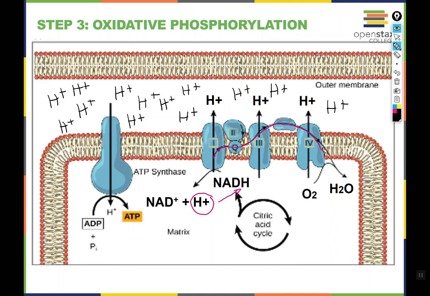All right, that's a little bit more reflective of the space between the inner and outer membranes. So the thing is, there are fewer protons in here, and there are more out here, which means that to move protons from in here, where there are fewer, to out here, where there are lots, that's pumping something against a concentration gradient, right? So we're going from an area of low concentration to an area of high concentration.